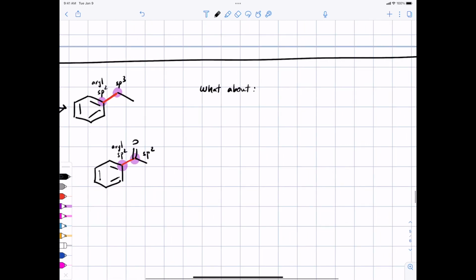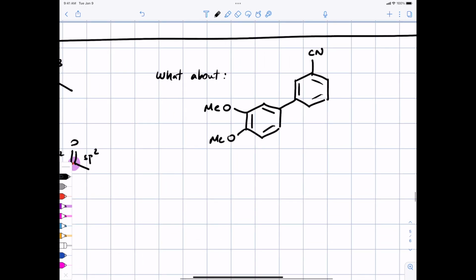What if we wanted to make a bond between two benzene rings? Suppose I wanted to do something like that. A bond between two aryl carbons.